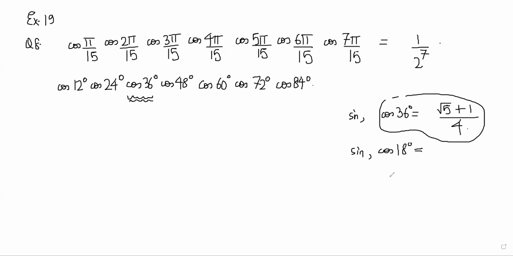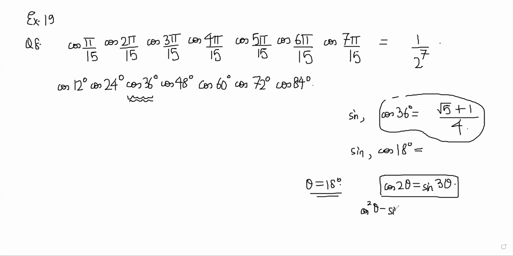Then if you expand that, cos 2 theta is cos square theta minus sine square theta, and sine 3 theta is 3 sine theta minus 4 sine cube theta.